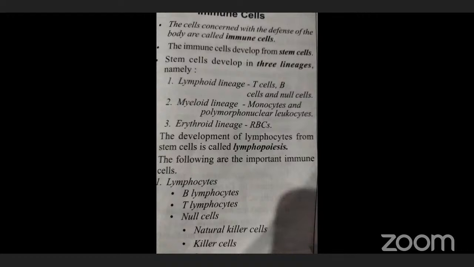Immune cells: the cells concerned with the defense of the body are called immune cells. The collection of these cells is called immune cells. The immune cells are the army of the defense system, the soldiers of the immune system.